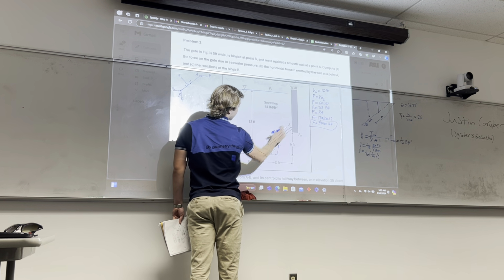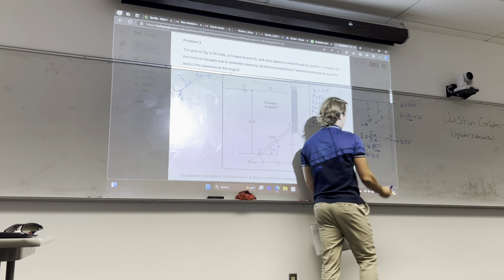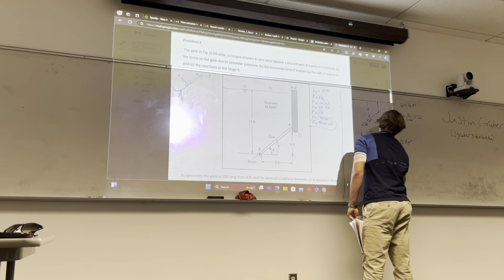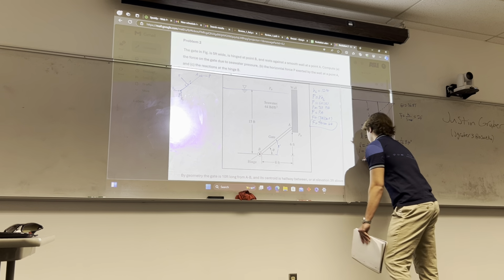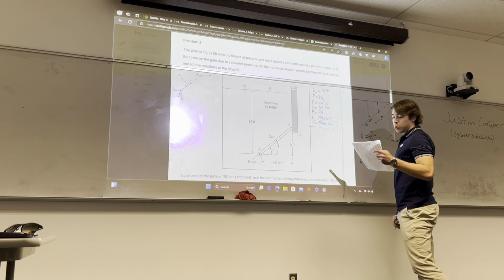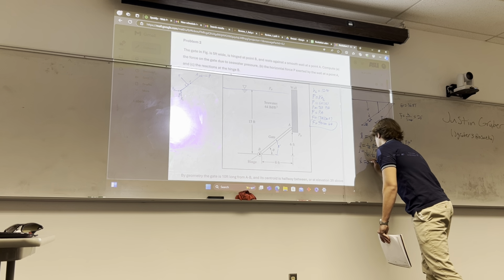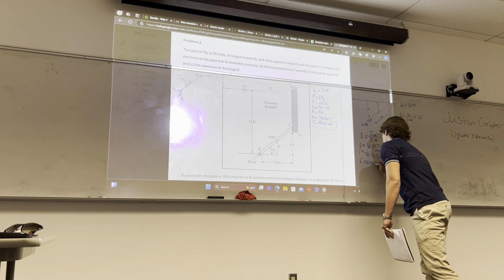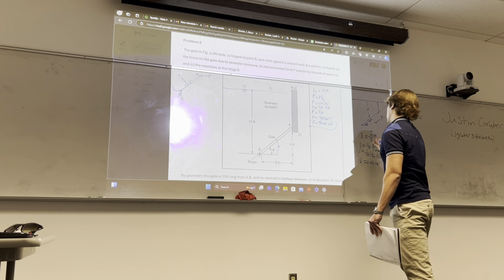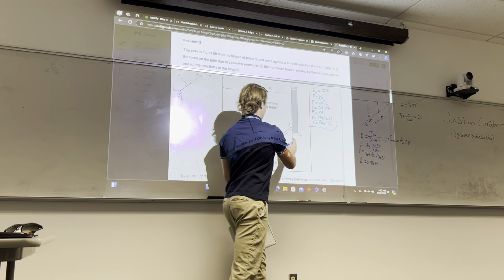So this height would be 10 cubed, or 10 squared, sorry. So 100. So L ends up being 0.416 feet. And this is the distance along the plane, along this tilted axis.